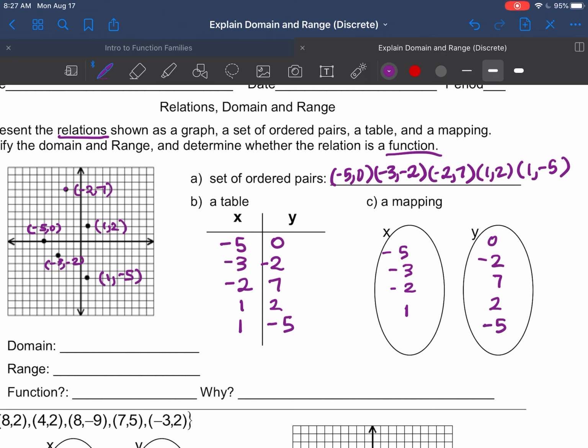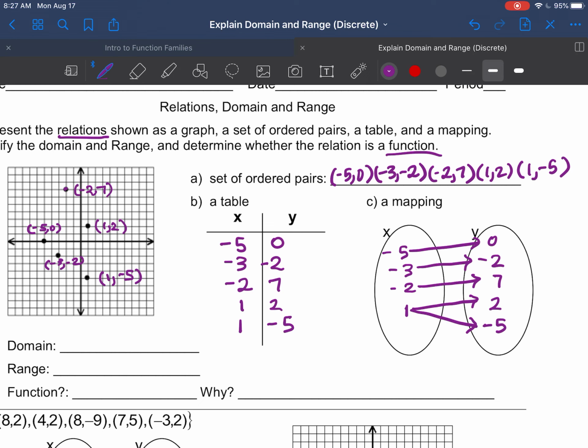None of those numbers repeated. Okay, and so when we draw our arrows, that's when we show that, oh, hey, this number showed up more than once. So -5 goes to 0, -3 goes to -2, -2 goes to 7, 1 gets mapped to 2 and -5. And so that's how we show that the 1 appeared twice.